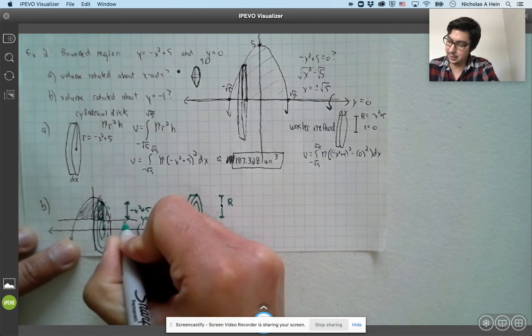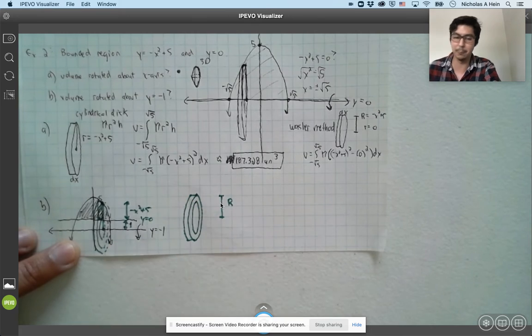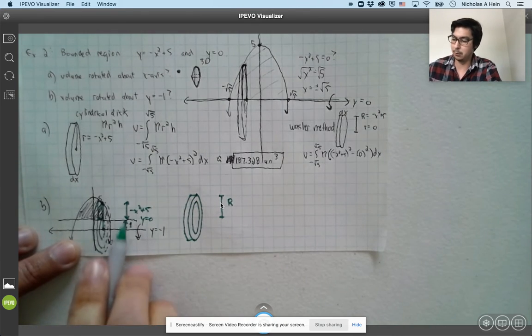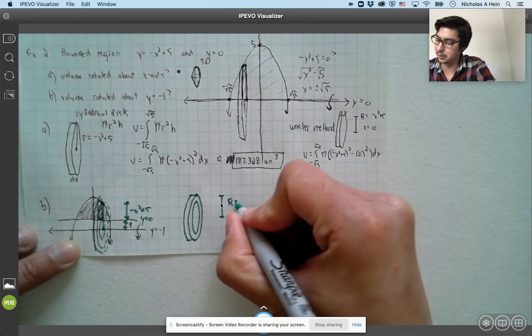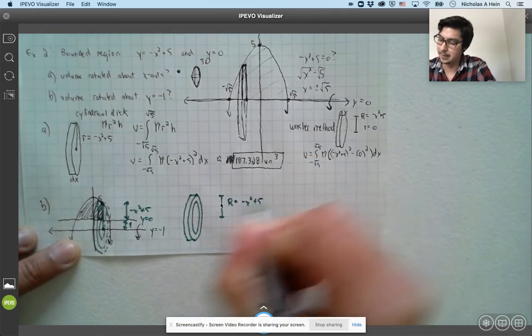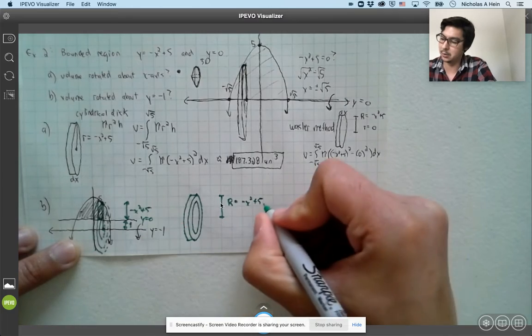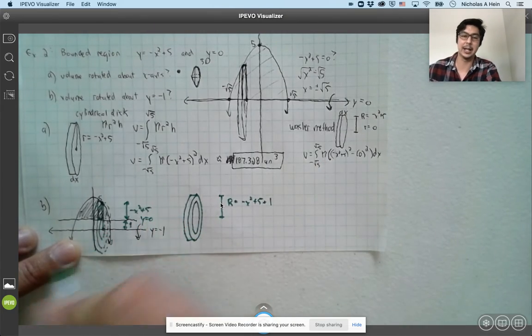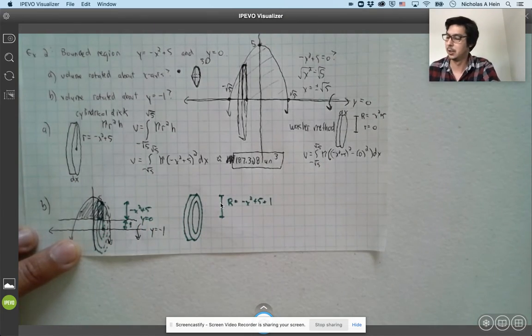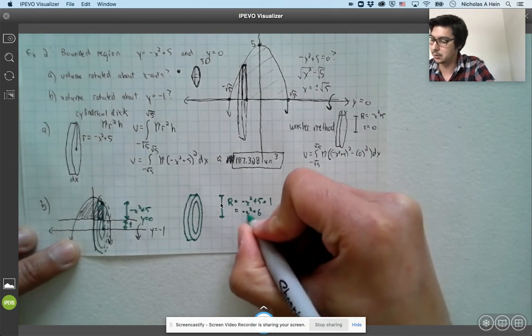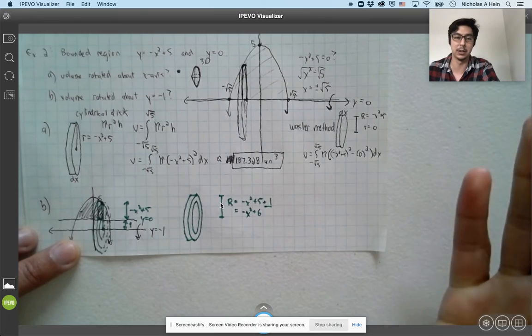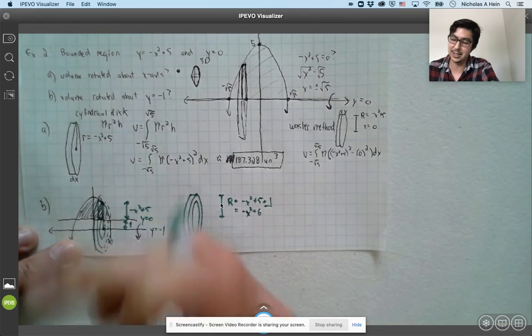But now there's an additional distance of 1 that we created. So what's the outer radius where it's the curve to 0, so it's your negative x squared plus 5, but then we have to add on 1 to account for that larger radius there. So, we could simplify this, of course, and just say it's negative x squared plus 6. But it's important you see where that plus 1 comes from because the radius is slightly larger there.